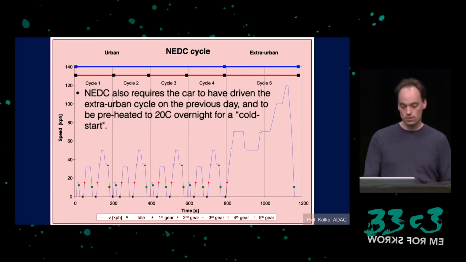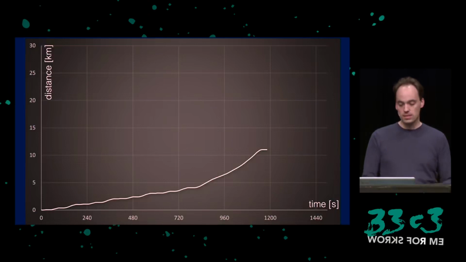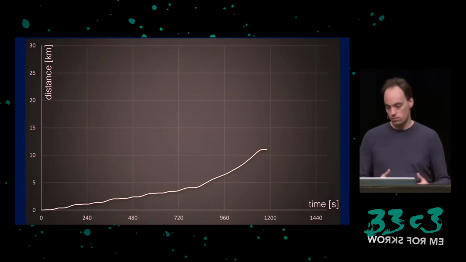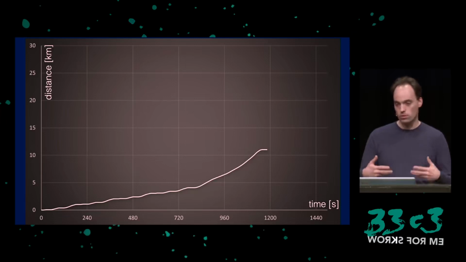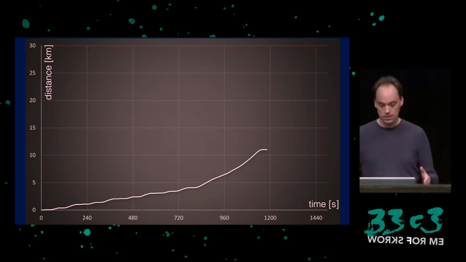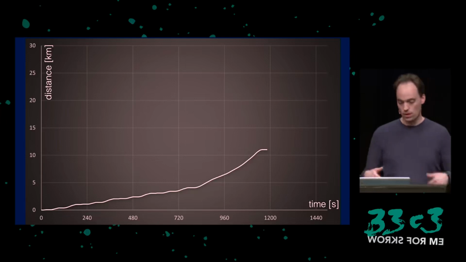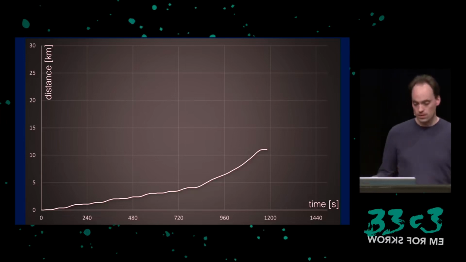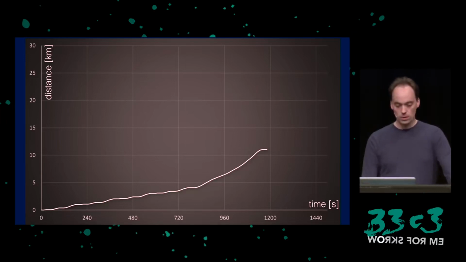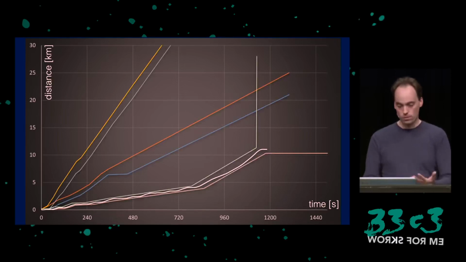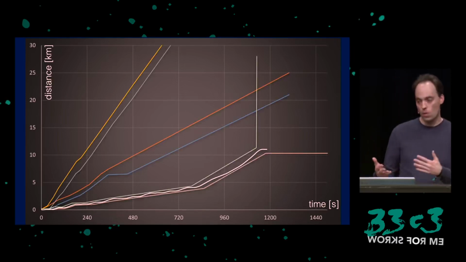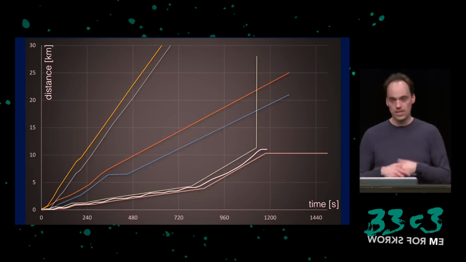So it's speed over time. If we draw this as distance over time, it looks like this. This is the distance you got. Well, you're not really moving the car because you're doing this in a lab on a dynamometer, but this is what the car thinks it has moved. And if we overlay this with the curves we found in the software, there's a perfect match. So this is the way they describe the test cycle.